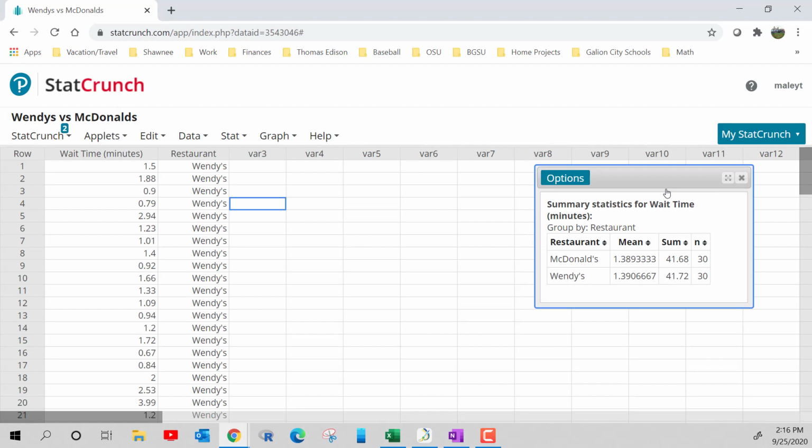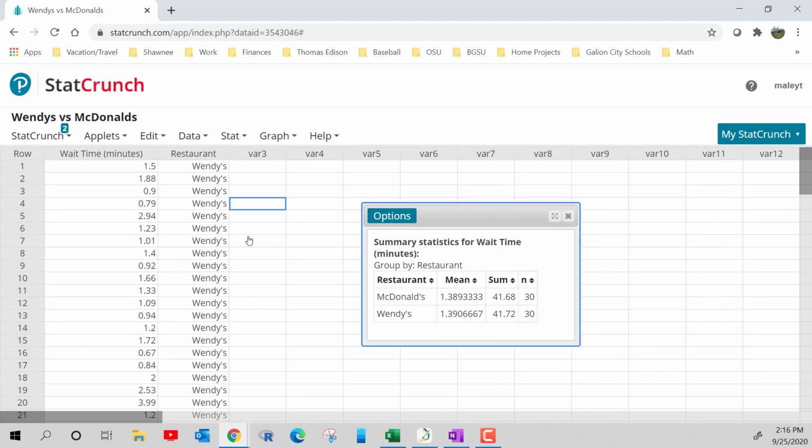Hit compute. Also, just to keep in mind, if you look at the data, each row is a wait time. I have the wait time in minutes, and then another variable, restaurant, that indicates if it's from Wendy's or McDonald's. That's why I wanted to group it by restaurant, so I can get the mean time for McDonald's and the mean time for Wendy's separately.